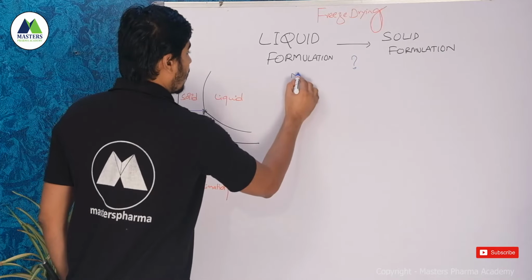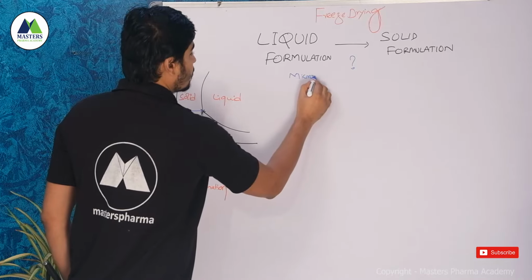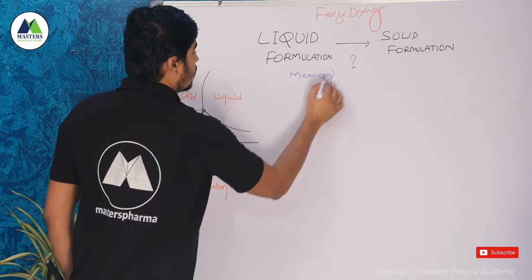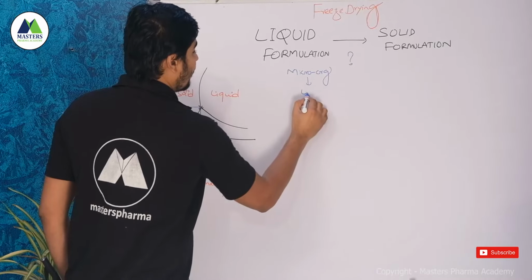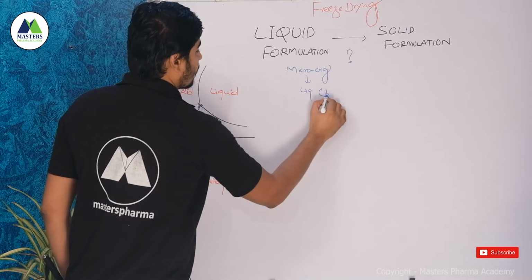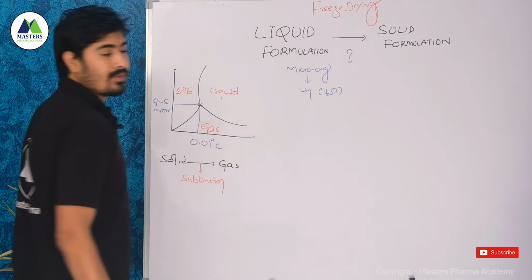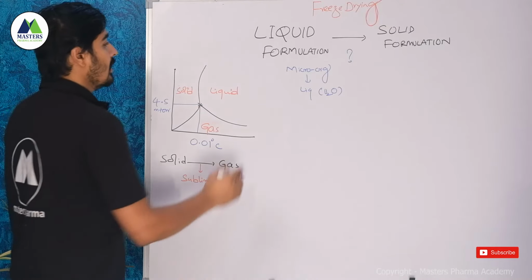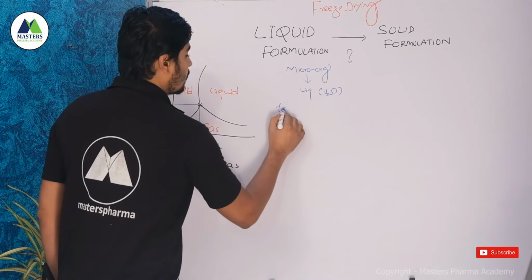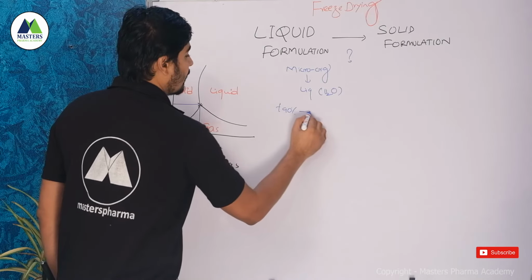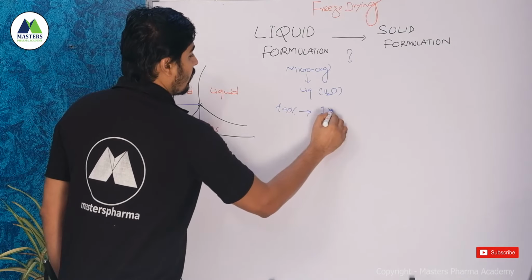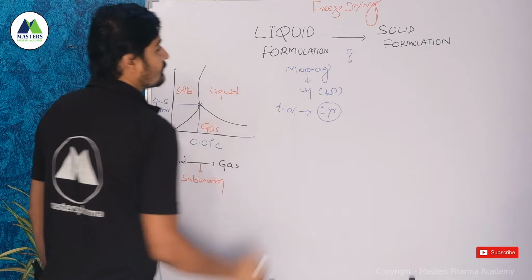Generally, microorganisms will grow in the liquid, that is nothing but water. Major microorganisms live in the water. That's why the shelf life, T90%, of this particular liquid formulation is around 1 year, right?